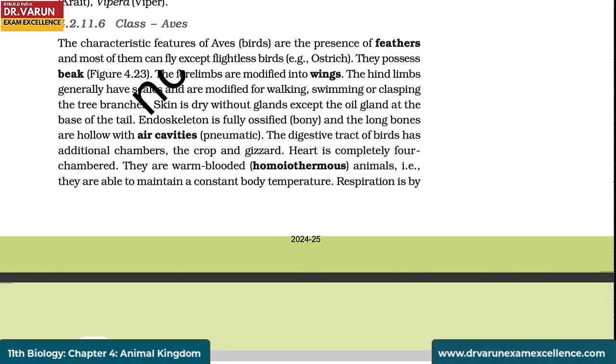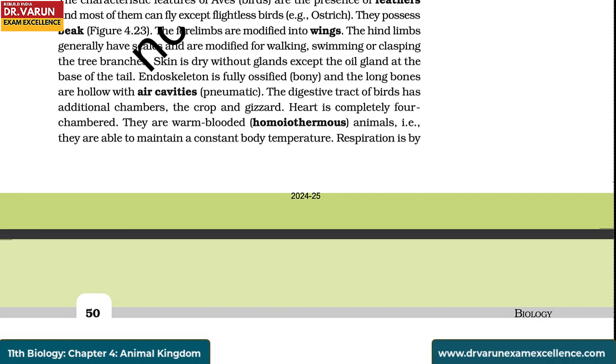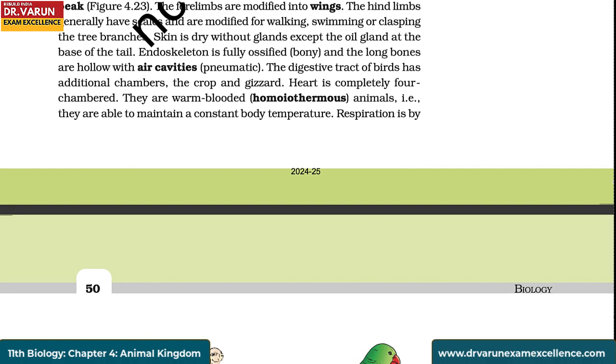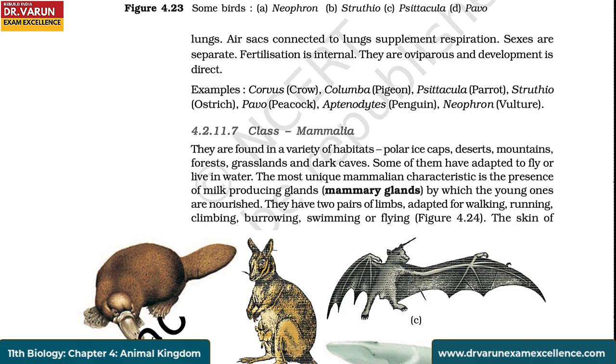They are pneumatic. The digestive tract of birds has additional chambers, the crop and gizzard. Heart is completely four-chambered. They are warm-blooded, homeothermous animals. That is, they are able to maintain a constant body temperature. Respiration is by lungs.